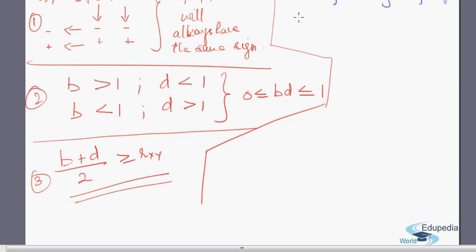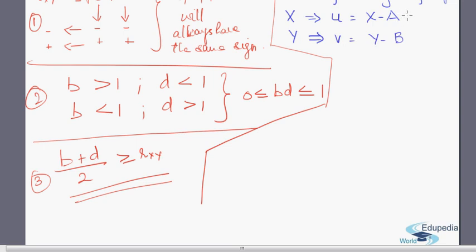Okay, so for change of origin, let's say we have the variables x and y. What we do is we find the deviation, we shift the origin, and let's assume we have u equals x minus an assumed mean, say a, and v equals, say, y minus another value b.